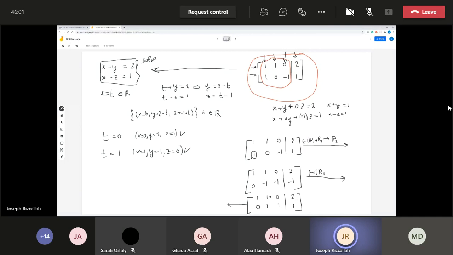Again, we easily can do this. x plus y equals 2, and x plus y equals plus z. And the second one, you see the x is now 0. There is no coefficient for x, it's 0. And we have now here y plus z equals 1.